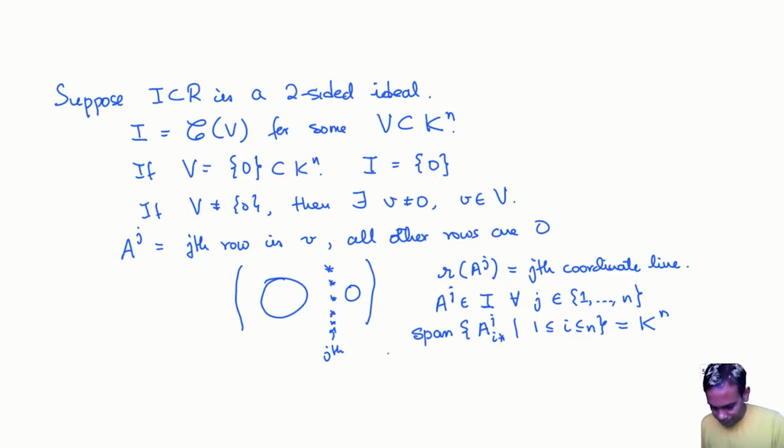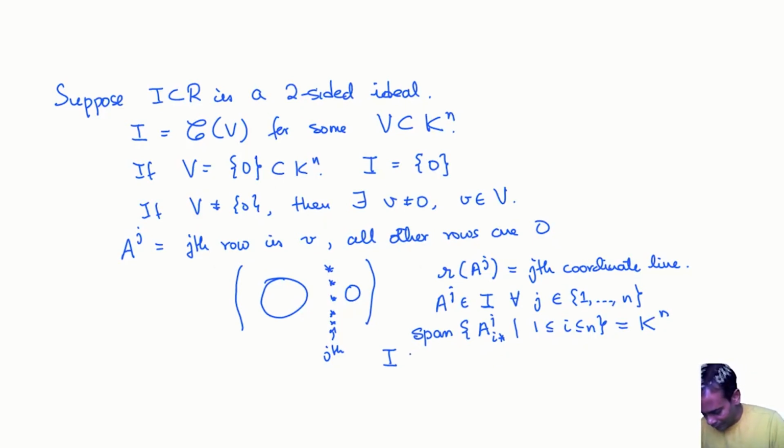So that means that, by the argument that we had earlier, when you have a left ideal, it is RV, where V is the space spanned by the rows of all the matrices in that ideal.